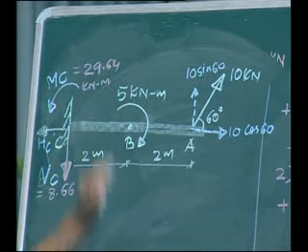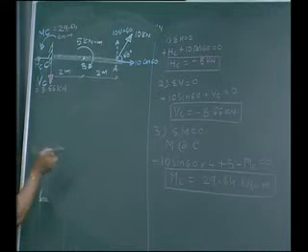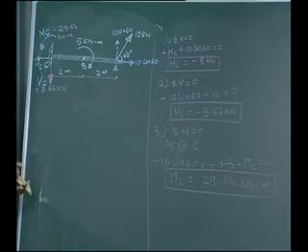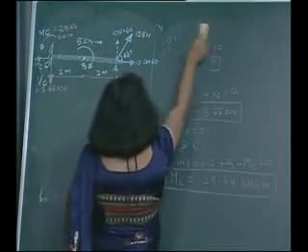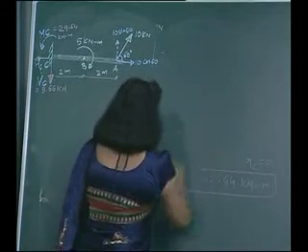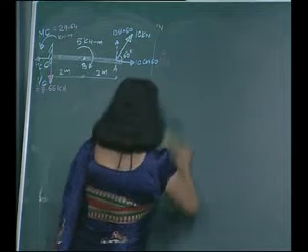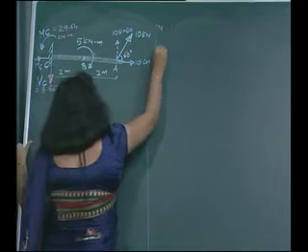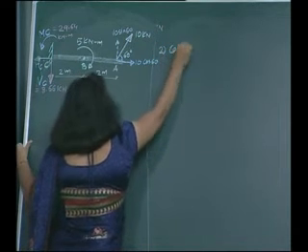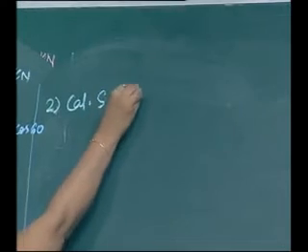So our first step is over, to show the correct direction of the reactions if the value obtained is negative. Now our second step is to calculate the shear force values.